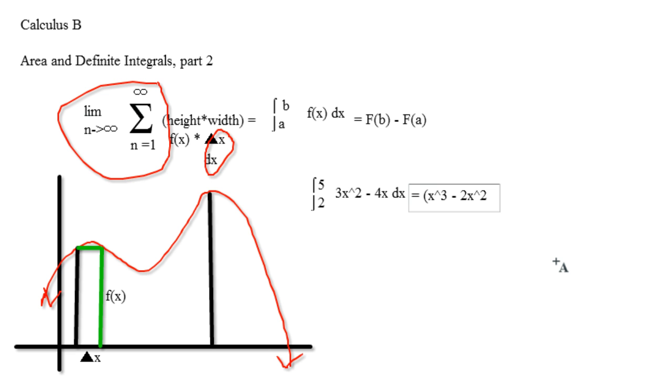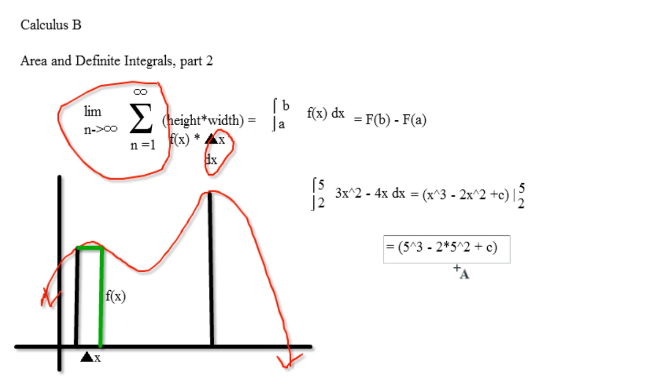Now since we're doing a definite integral, here's an interesting process. Watch this. I'll have the plus c in there like we just talked about, and then I have this at the end to denote the numbers, the 5 and the 2. So we still need to use the 5 and the 2. If you notice, I'm going to plug 5 into the first one. So this is going to be 5 cubed minus 2 times 5 squared plus c.